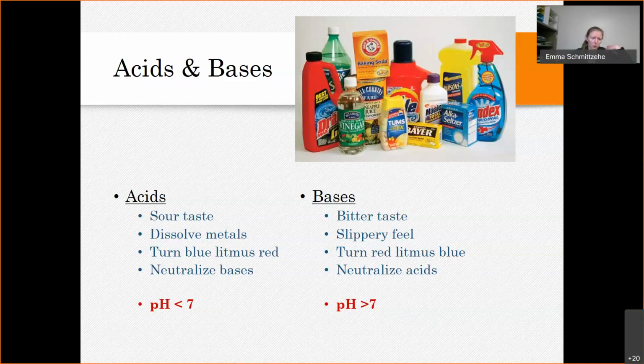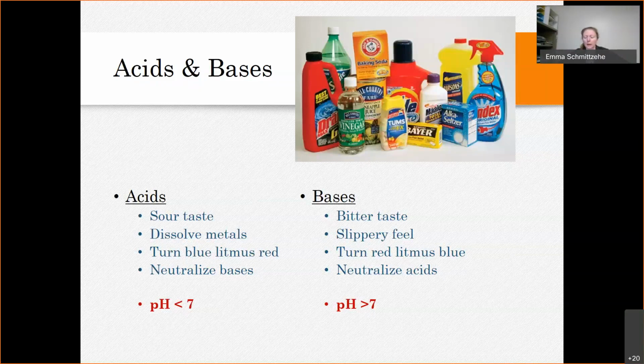But you should in general know that acids have a pH value of less than 7, whereas bases have a pH value greater than 7. Usually it's on the scale of 0 to 14, but realize the pH scale can go a little bit outside of those limits.